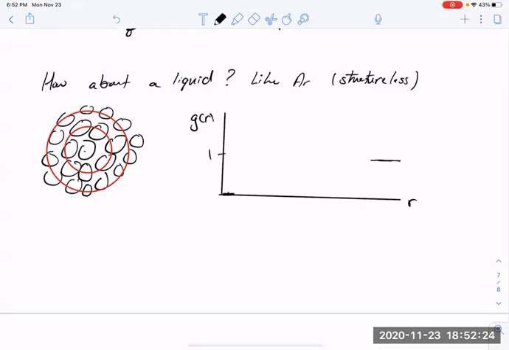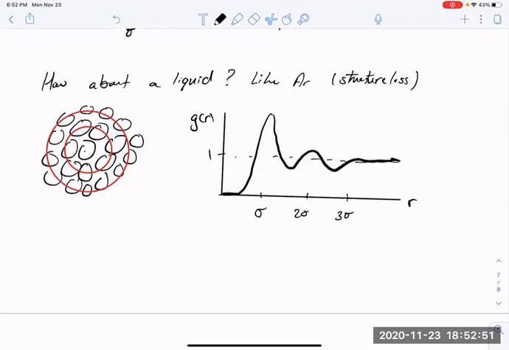If I look really close, there's no probability of finding a particle on top of another particle. And the correlation is likely strongest near that first peak. And for a simple model like argon, we'll have a few layers before that correlation goes away. How high is that first peak?